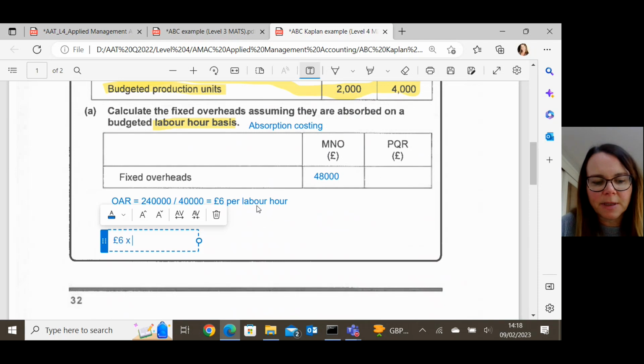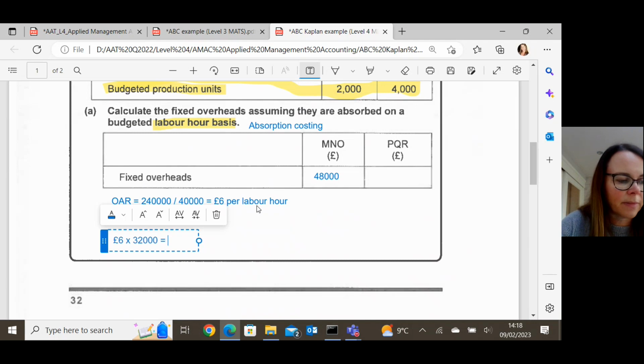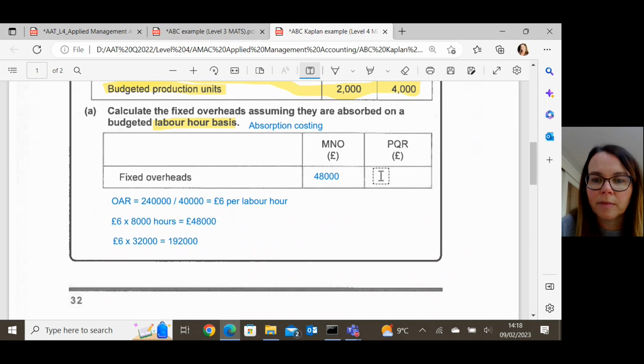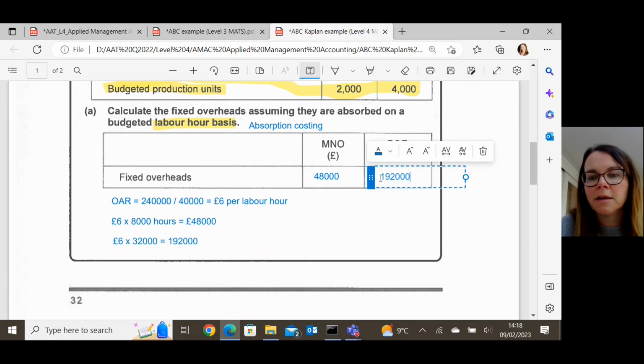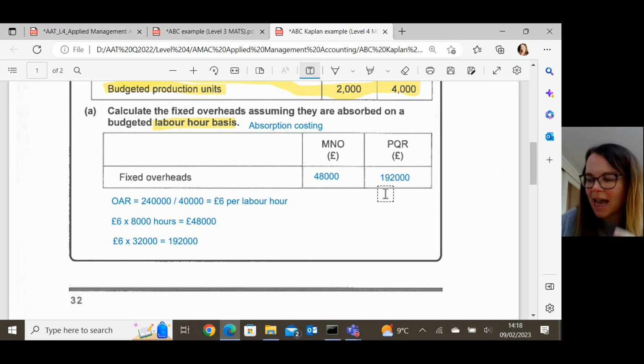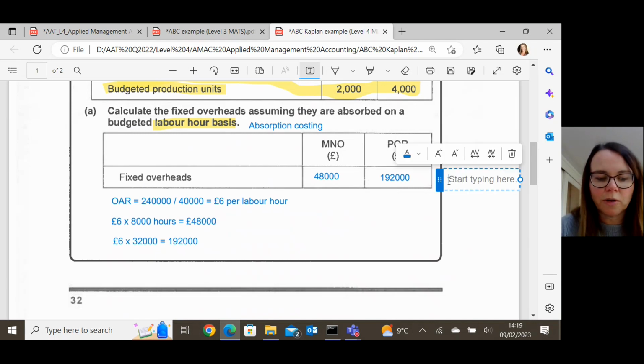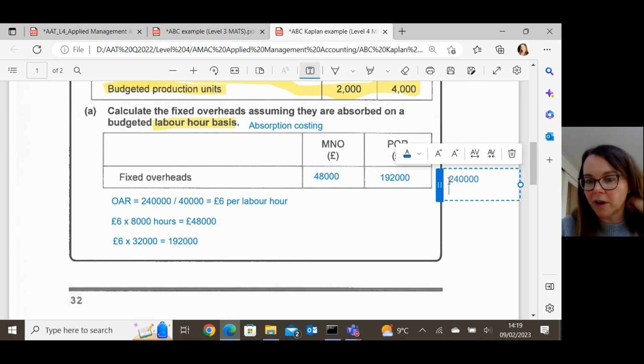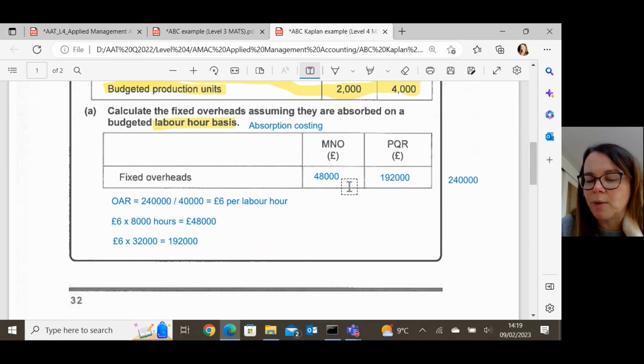So 6 times my 32,000 hours for the PQR gives me a figure of 192,000. And then you can check, does it add up? If you do 192 plus the 48, it does indeed take you back to your total £240,000 of overhead that you basically dished out between the two products. So that's the traditional method.